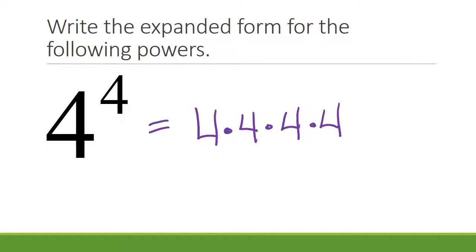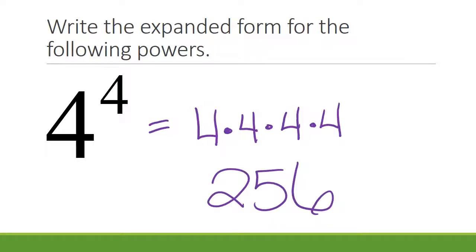And just for an added question, what is 4 times 4 times 4 times 4? Let's see who can get the answer the fastest. Who wins? It's 256 would be my final solution if that's what I was looking for.